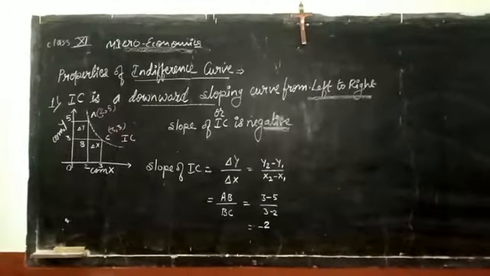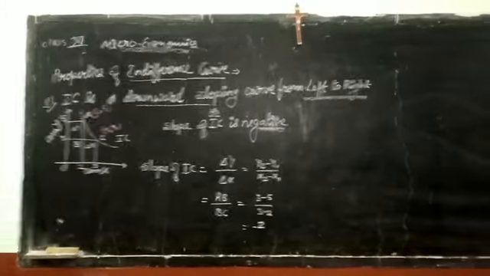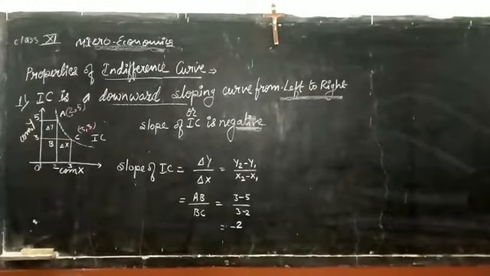So to remain on the same satisfaction level, if the consumer increases consumption of X, he has to sacrifice consumption of Y, or reduce the satisfaction derived from the consumption of Y. Clear? Understood? Next property.